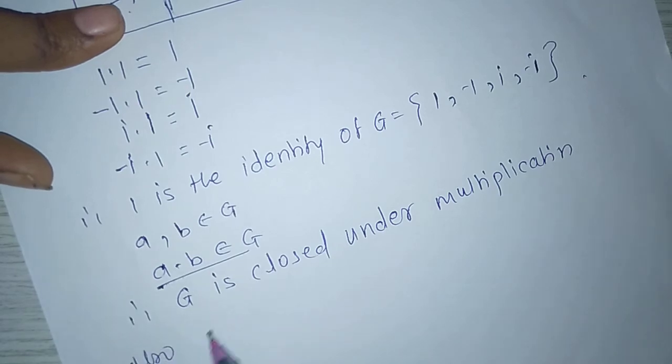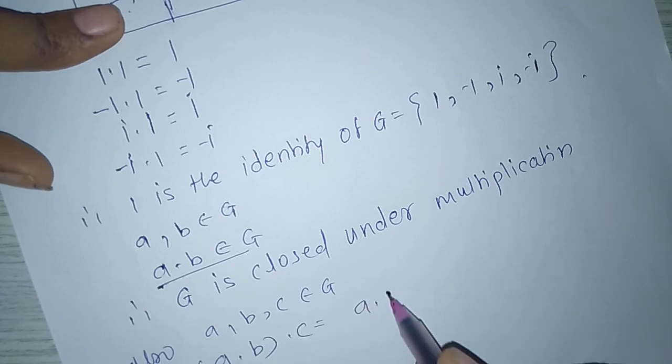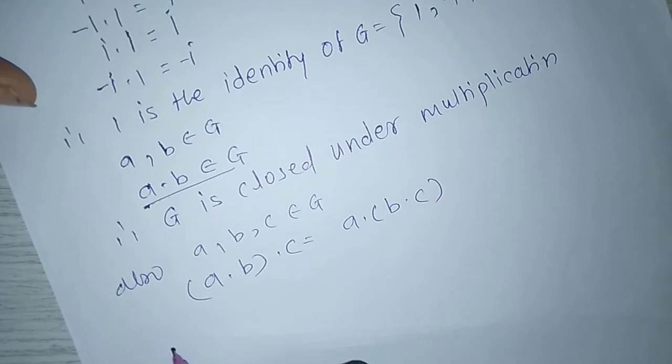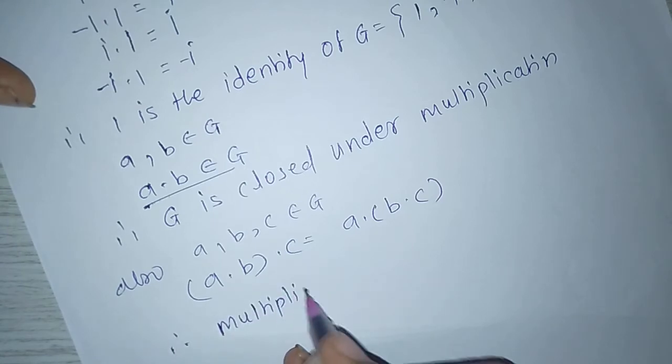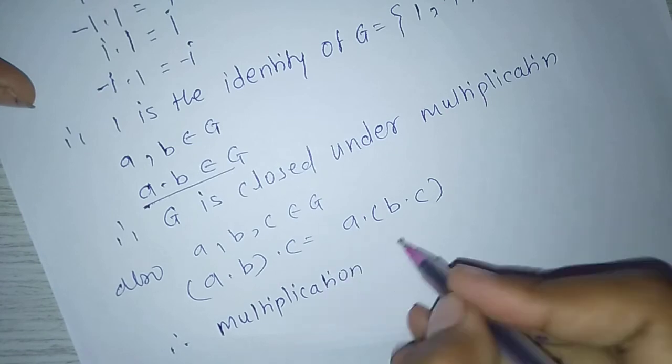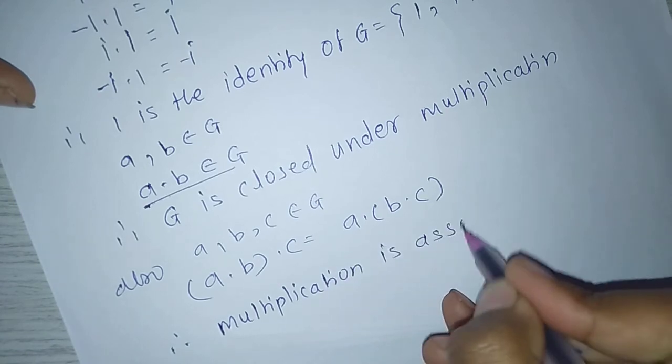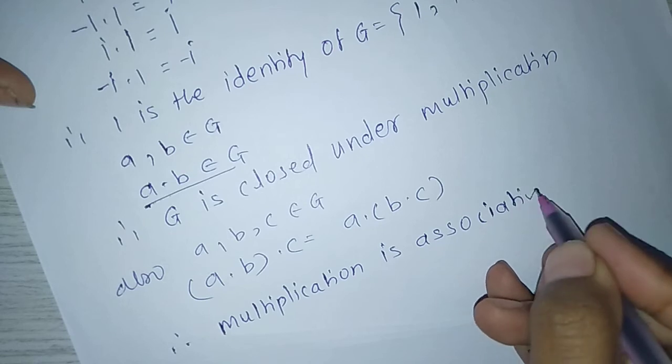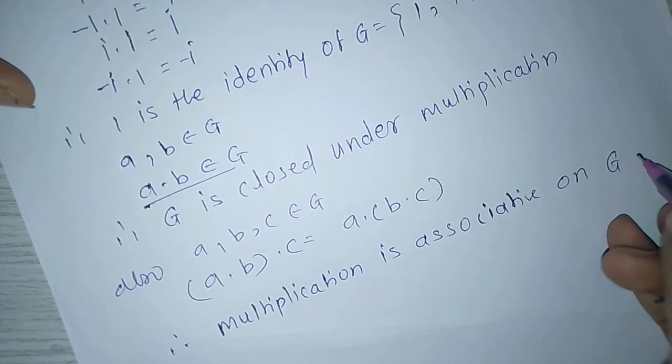Also if a, b, c belong to G, then (a into b) into c equals a into (b into c). Therefore multiplication is associative on G.